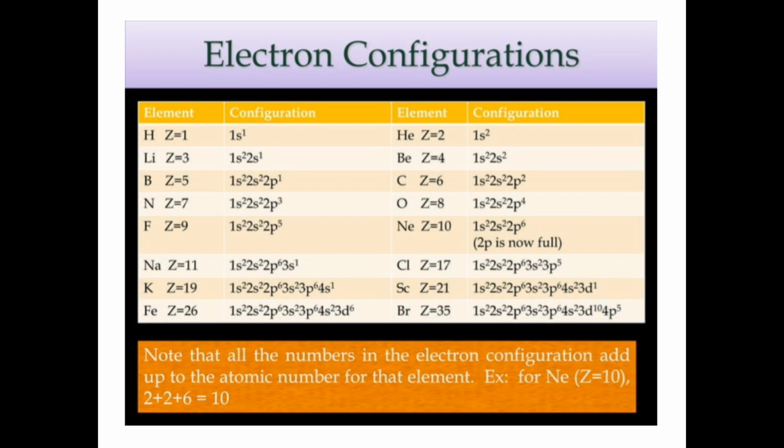Please note that all the numbers in the electronic configuration add up to the atomic number of that element. For instance, hydrogen is 1, helium is 2. Sodium has 2 plus 2 plus 6 plus 1, making 11. So the atomic number of sodium is 11. The same thing applies to all the other ones here.